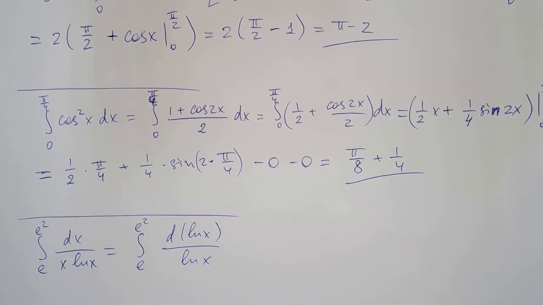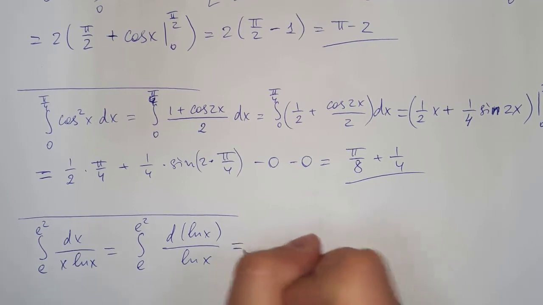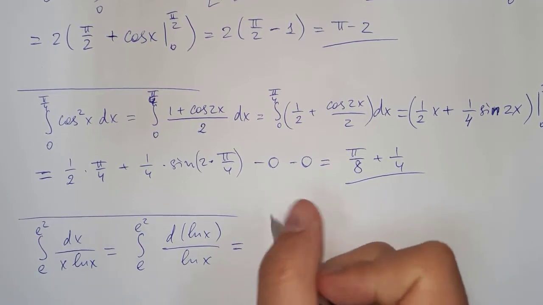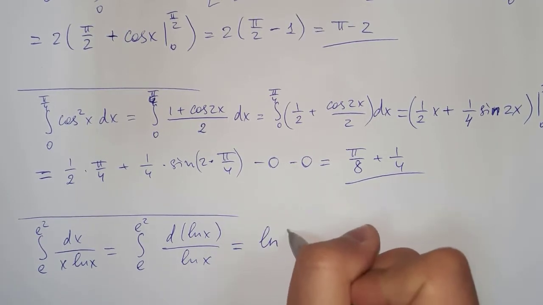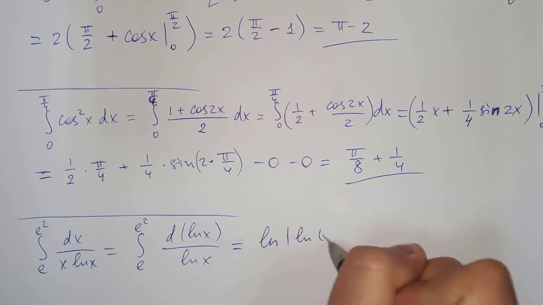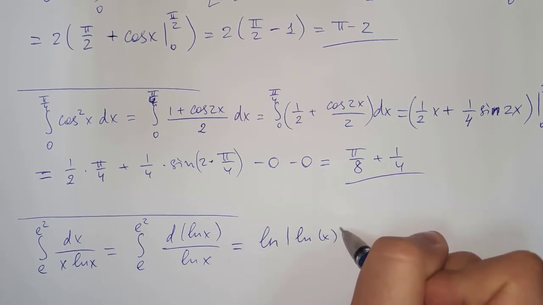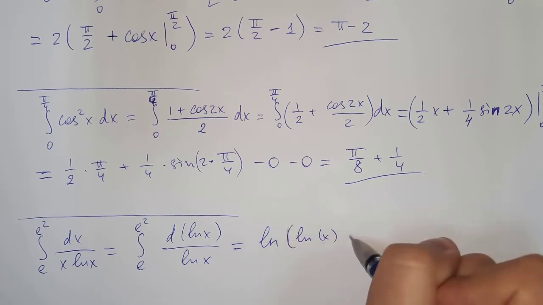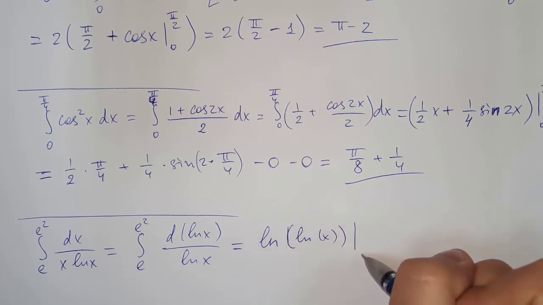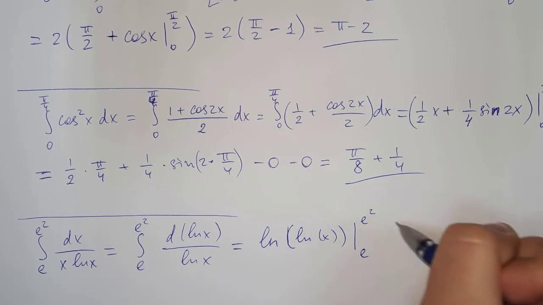So what we have here is just the function 1 over x. Our integral depends on natural logarithm of x. That's why we have dx over x, I mean. Dx over x is natural logarithm of x, so it will be natural logarithm of natural logarithm of x. And the limits are e and e squared.